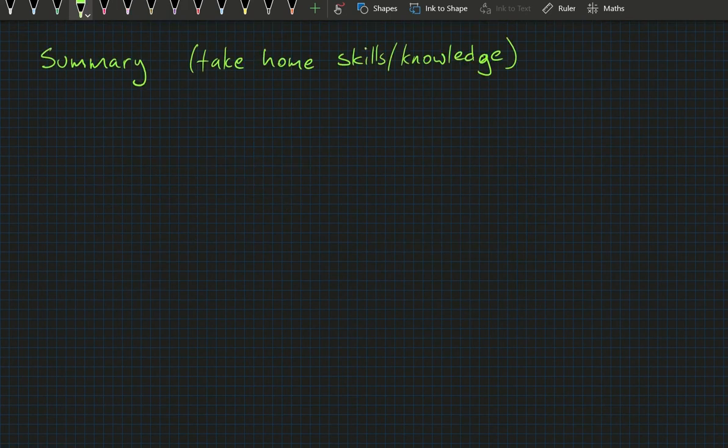It's important for this topic that we do a summary and take stock of your take-home skills and knowledge, because these skills and this knowledge is very important for a lot of things you're going to do in VCE.